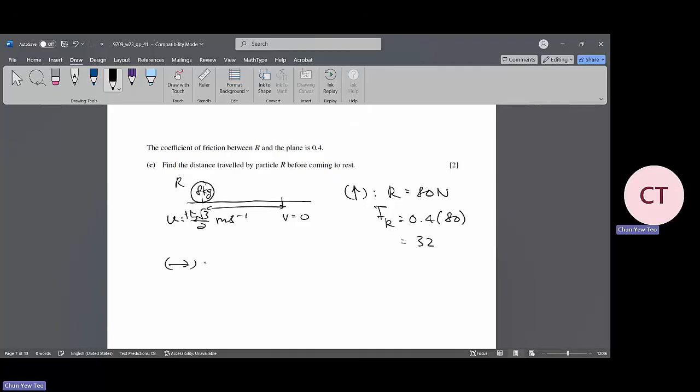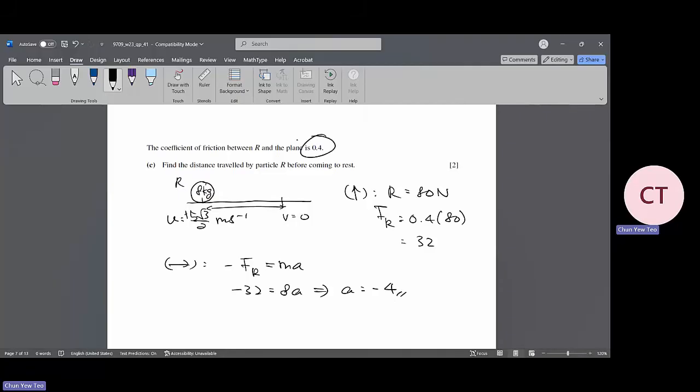So if you resolve the forces, negative Fr is equal to the MA. So your 32 here, this is A, your deceleration is still -4.